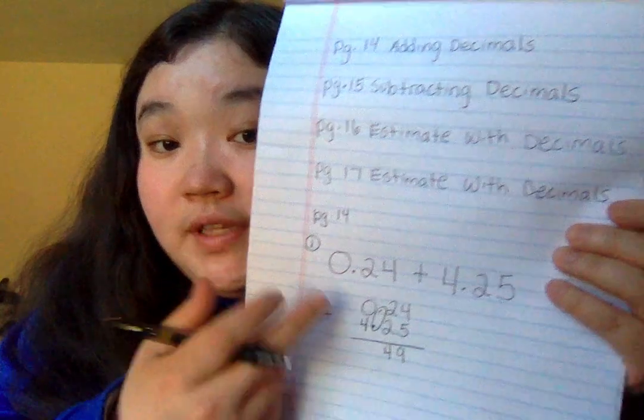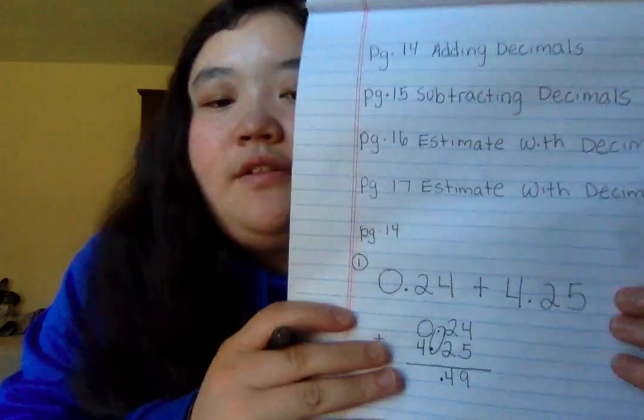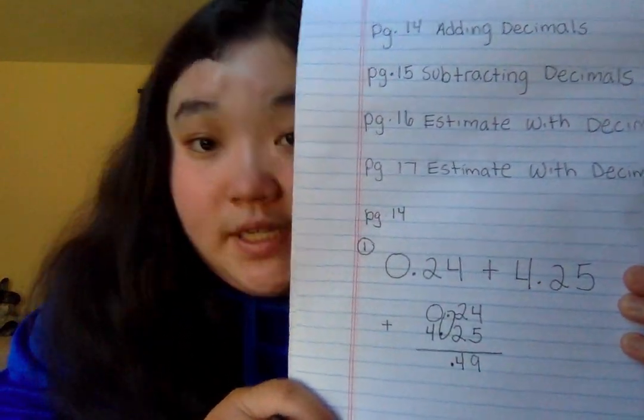I can bring down my decimal since they're both lined up together. Then I'm going to add 0 plus 4, and 0 plus 4 gives me 4. So my final answer for this problem is 4.49.